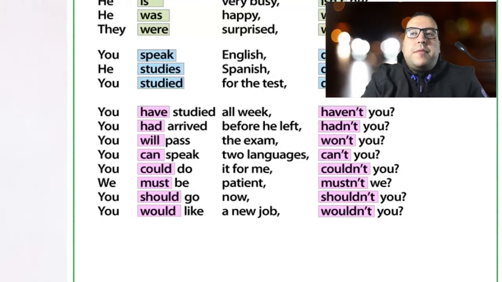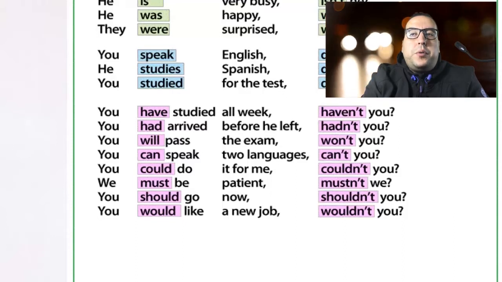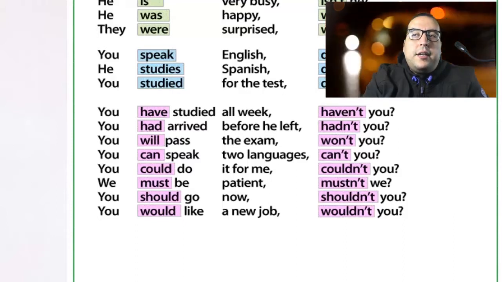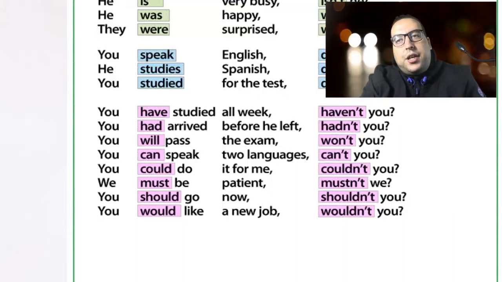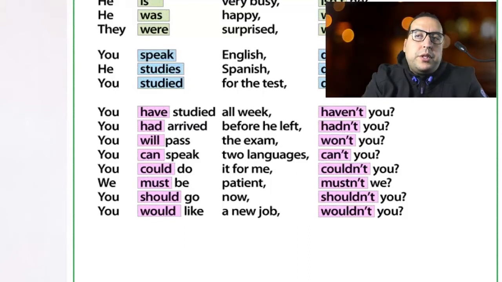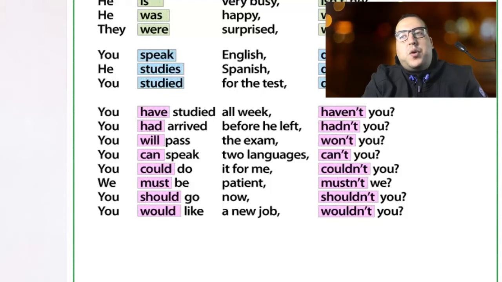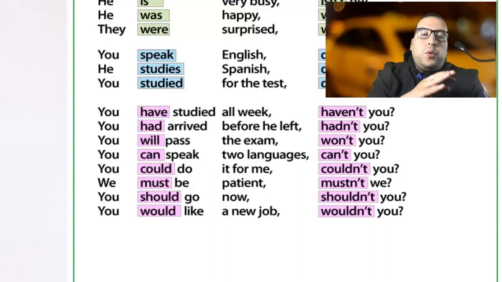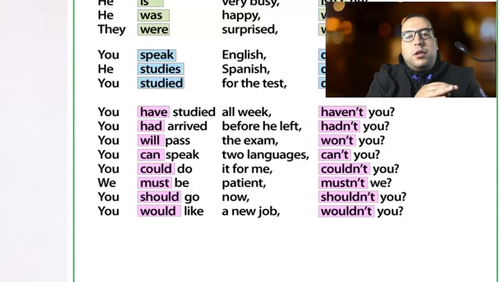You had arrived before he left, hadn't you? So we have the auxiliary had, it becomes hadn't. You will pass the exam, won't you? So the negative form of will is won't. So always we give the negative form of the verb or the auxiliary that we have in the first statement.